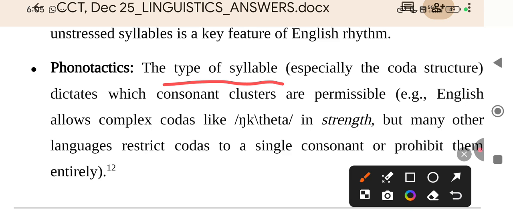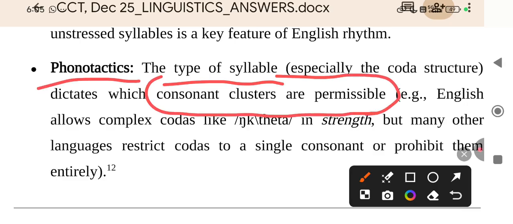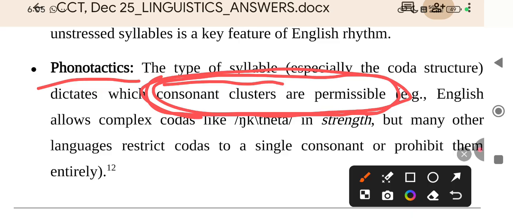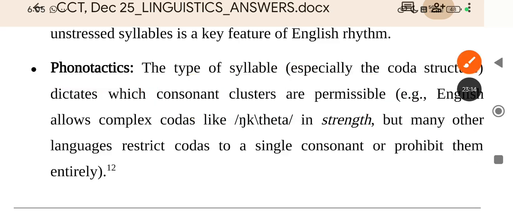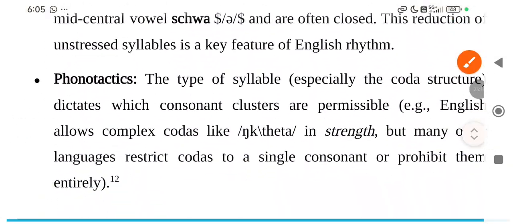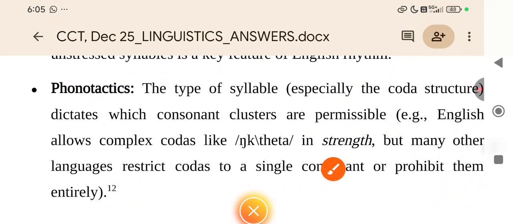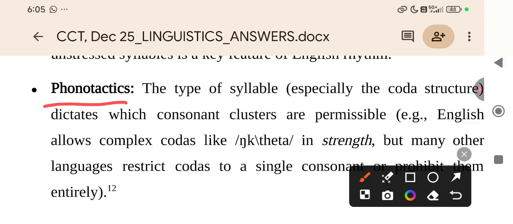Especially the coda structure dictates which consonant clusters are permissible. As soon as phonotactics comes, this idea should be kept in mind: which consonant clusters are permissible, right?